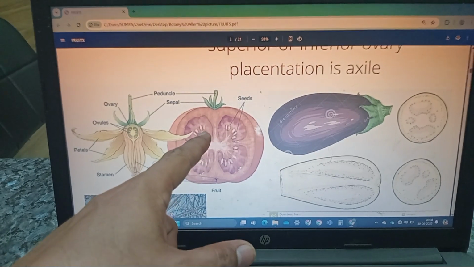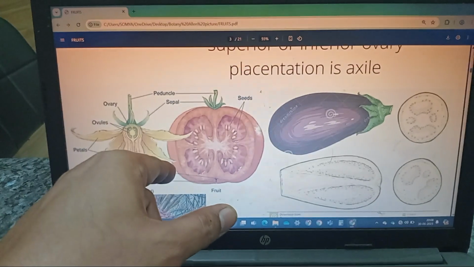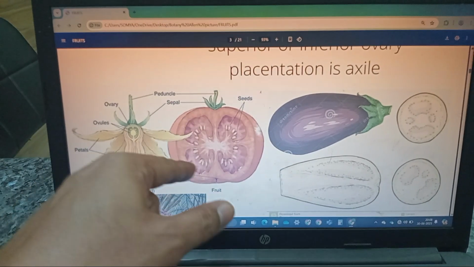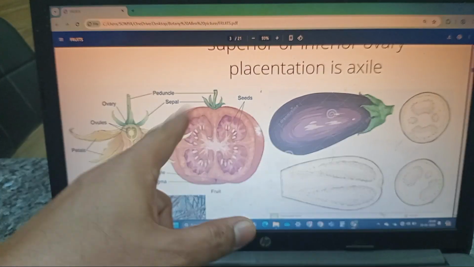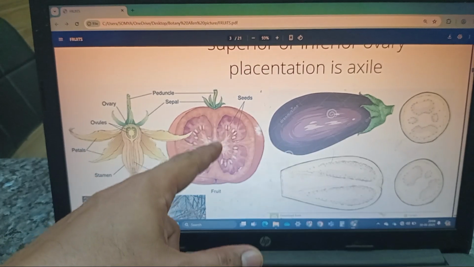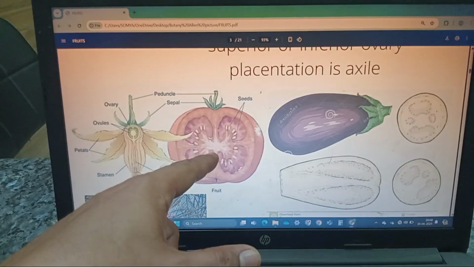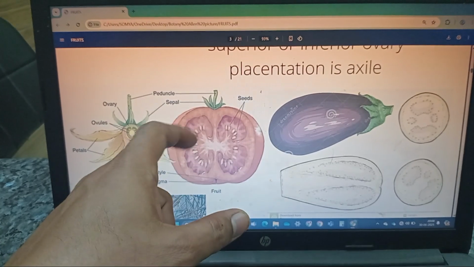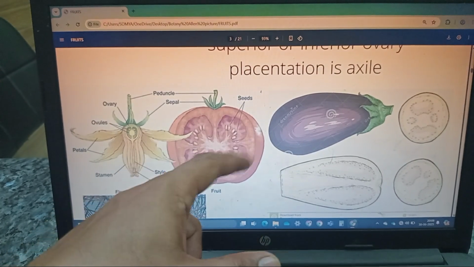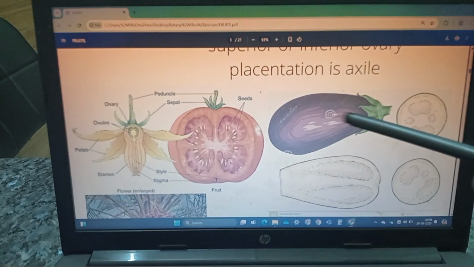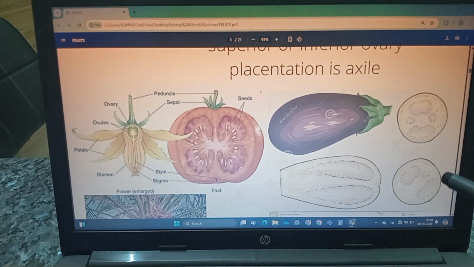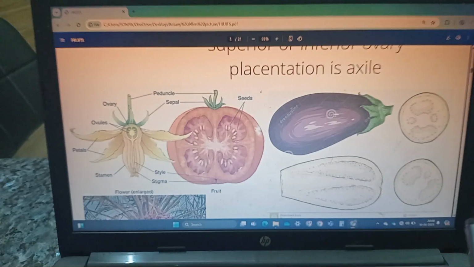Later on, these seeds will be dispersed. This is the ovary wall. So this is berry, with axile placentation, and the ovary is superior, as in brinjal and tomato. So this gives rise to berry.